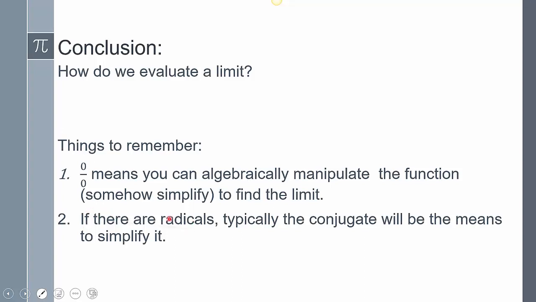The second thing, and this is something a lot of students forget, is that if there are radicals, typically the conjugate will be the means to simplify it. A common question is, what if I get undefined, like 1 over 0? Well, that's undefined, and the limit will not exist. So 0 over 0 implies I can manipulate it, but this is just undefined, and it doesn't exist.